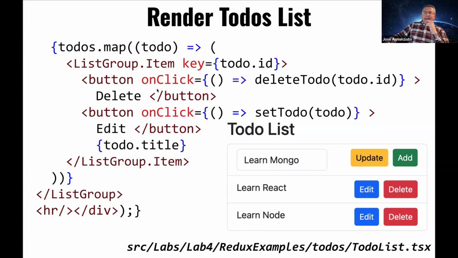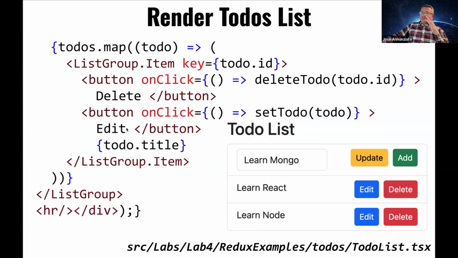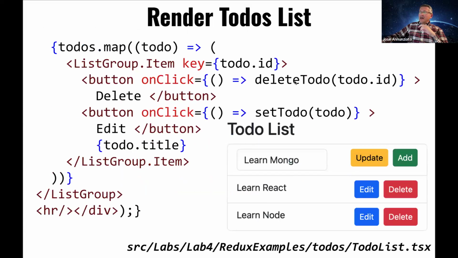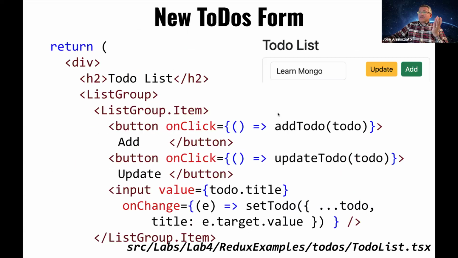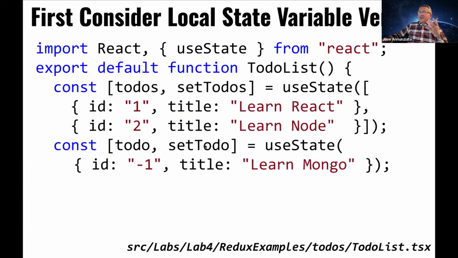So for instance, we might break out this list group over here into its own component, maybe call it to-do item, where we can pass a reference to the to-do, plus we would have to pass a reference to the event handlers, because here we can call delete to-do and set to-do. And that's okay because we are all in the same file. The delete to-do is here, the set to-do is here.